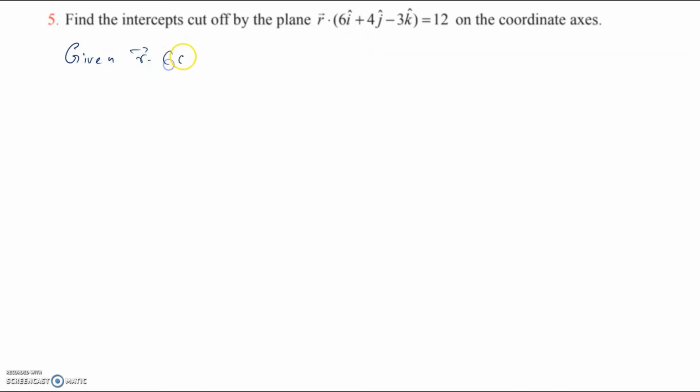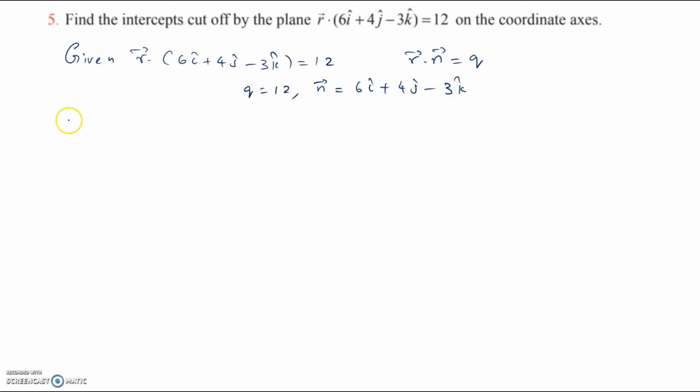If we compare this with the form of the equation r dot n = q, then we can say that our q is equal to 12 and our n vector is equal to 6i cap + 4j cap - 3k cap.